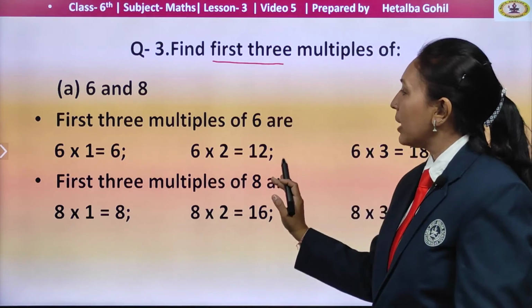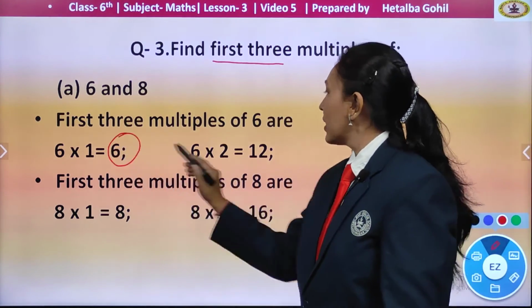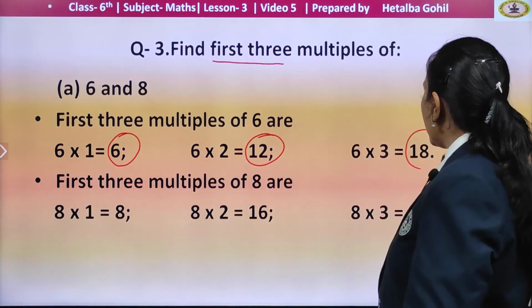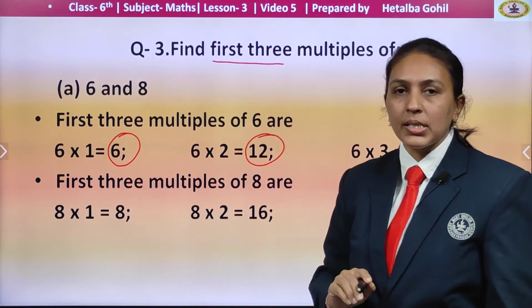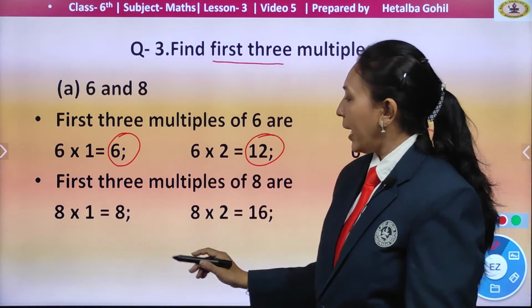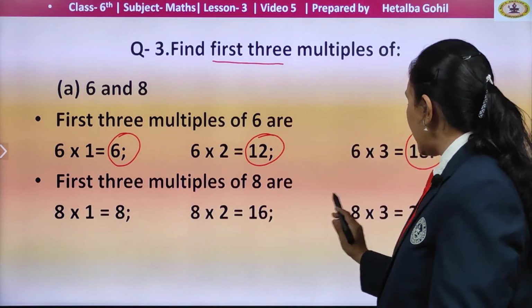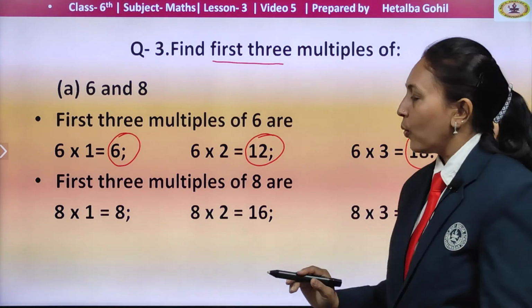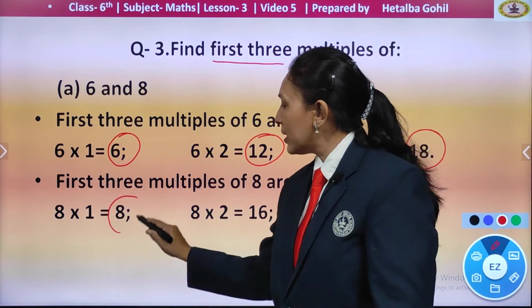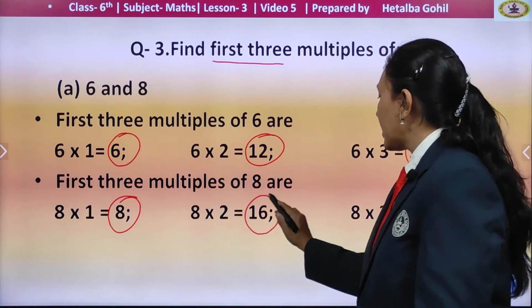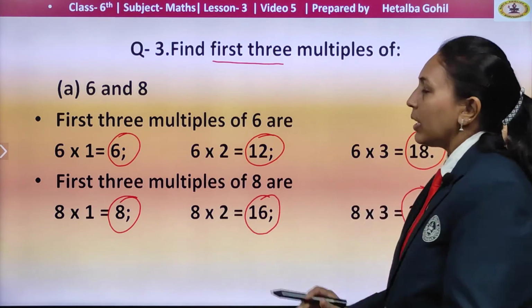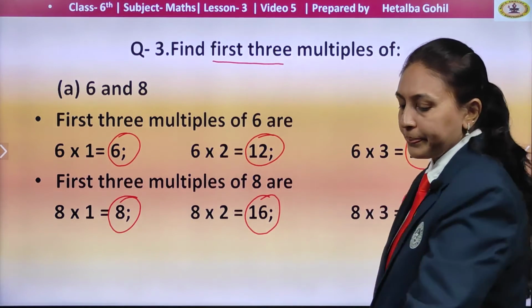So 6, 12 and 18 are the first three multiples of 6. And what about 8? 8 ones are 8, 8 twos are 16 and 8 threes are 24. So the first three multiples of 8 are 8, 16 and 24.